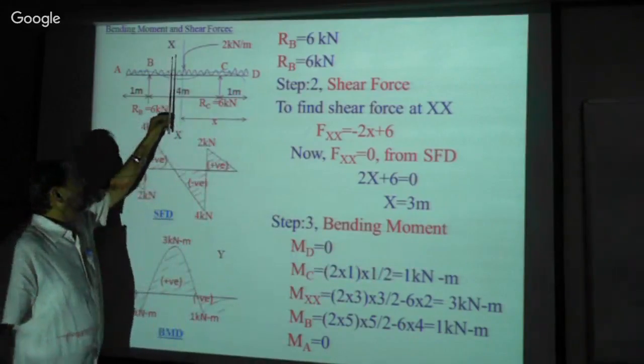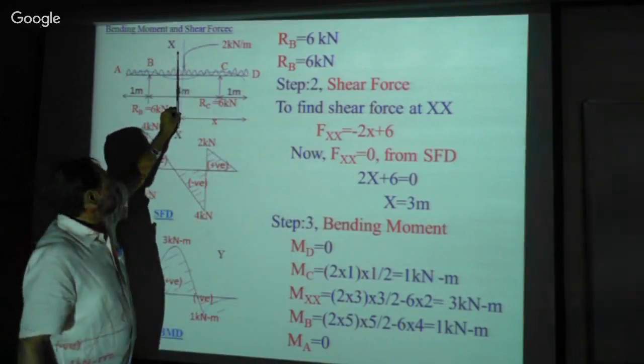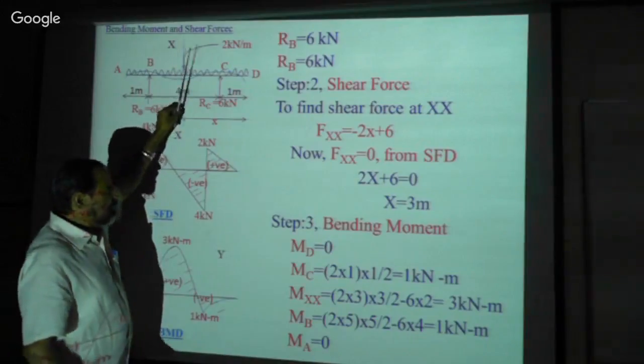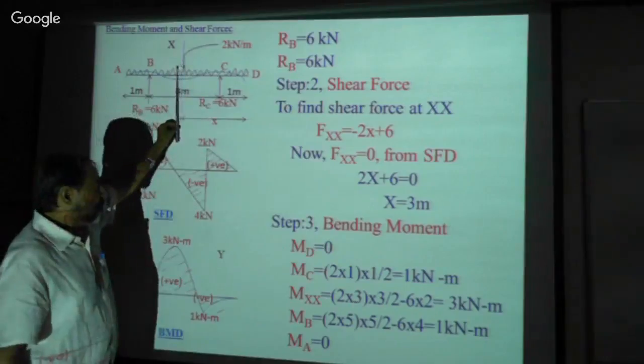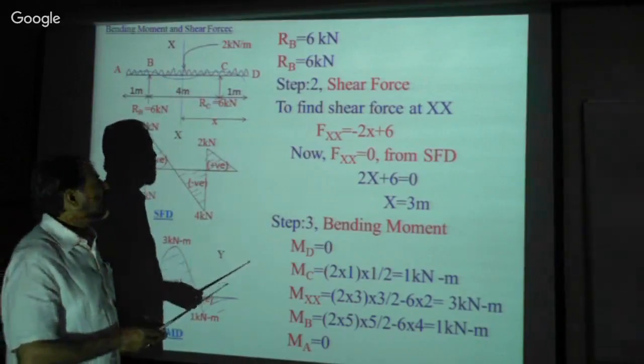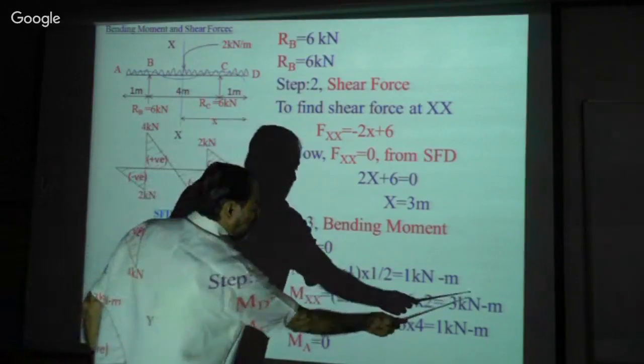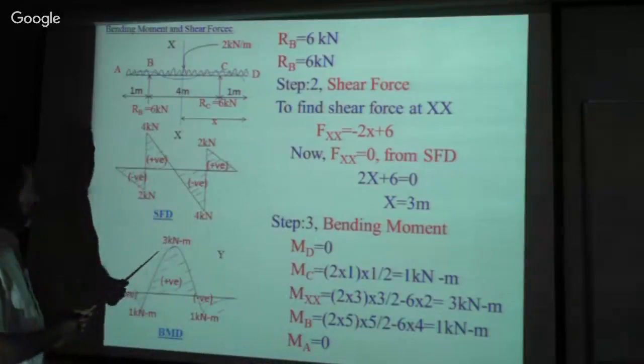And similarly, at this point x, which we have already calculated at the center, we get 3 kilonewton meter. Again, we will get 1 kilonewton meter.